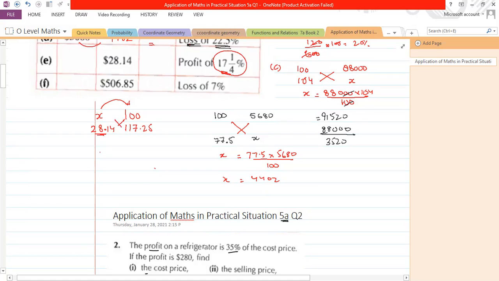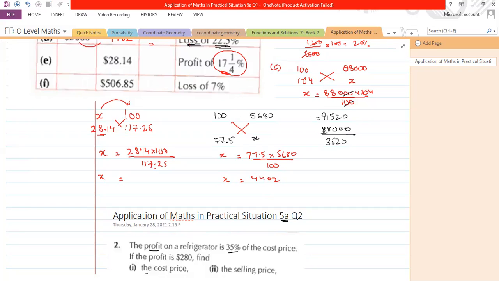Again, you cross multiply it, so it becomes x is equal to 28.14 over 117.25. Now you simplify this, you're going to get the amount.